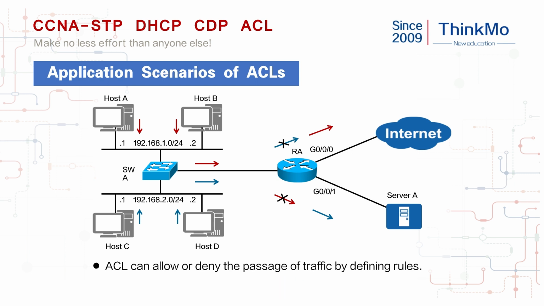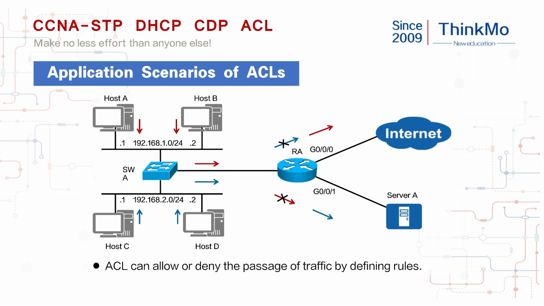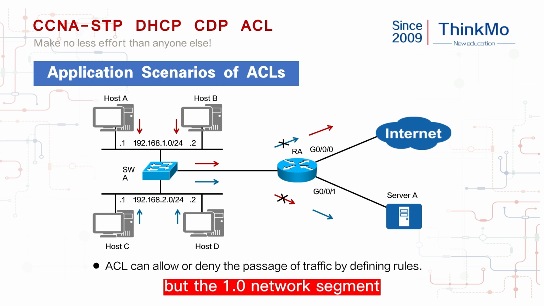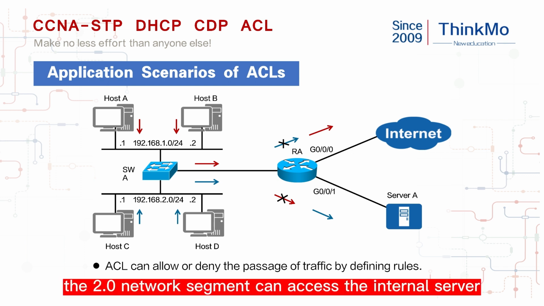You will find the 1.0 network segment can access the internet, but cannot access the company's internal server. The 2.0 network segment can access the internal server, but cannot access the internet.